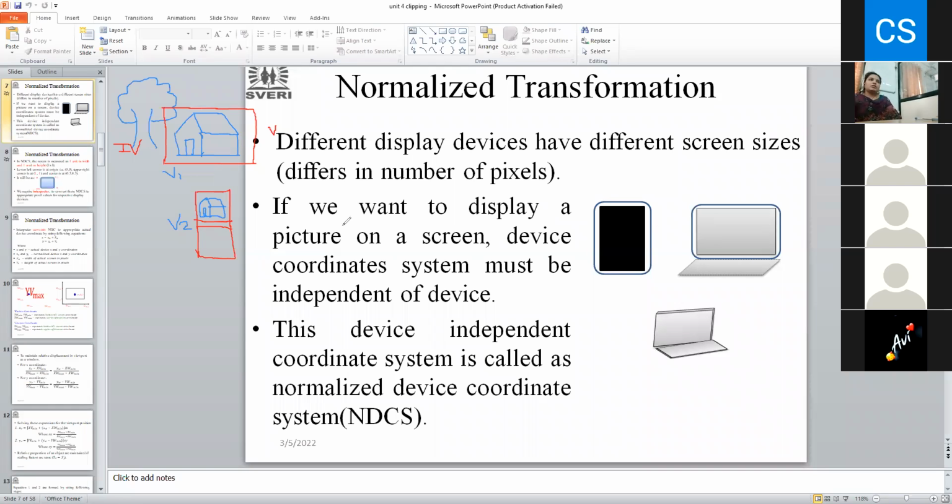And this is called the normalized device coordinate system, as it is independent of the device.